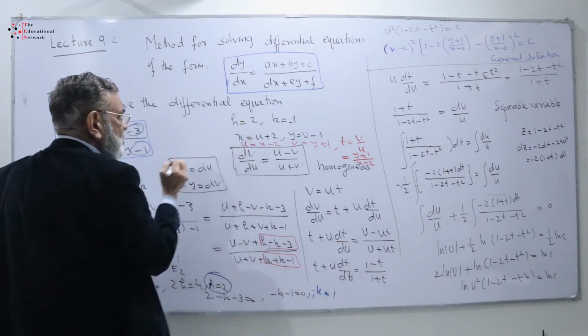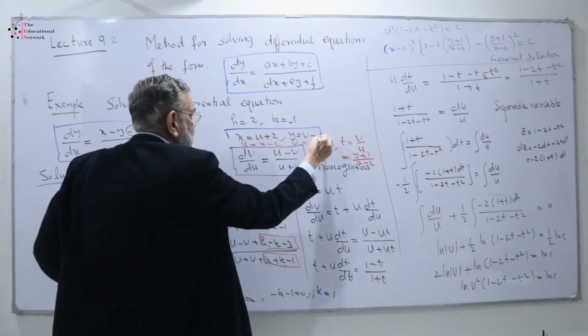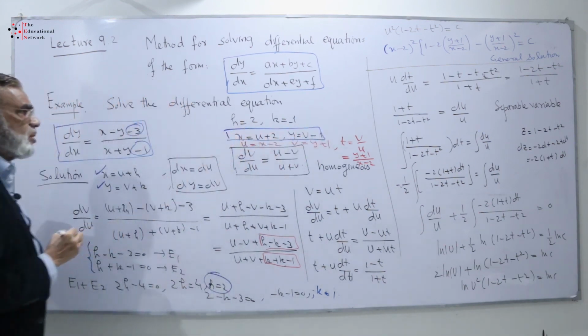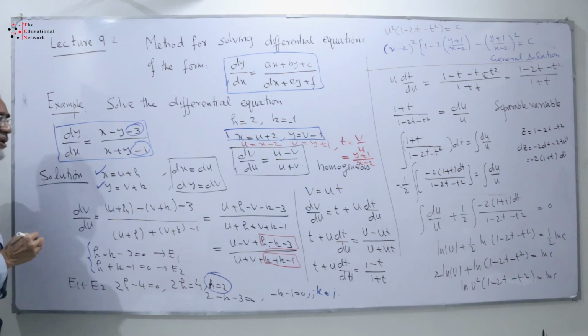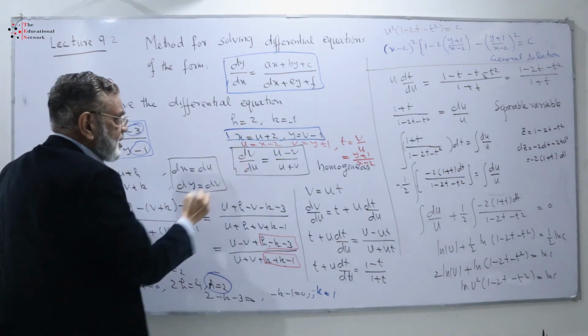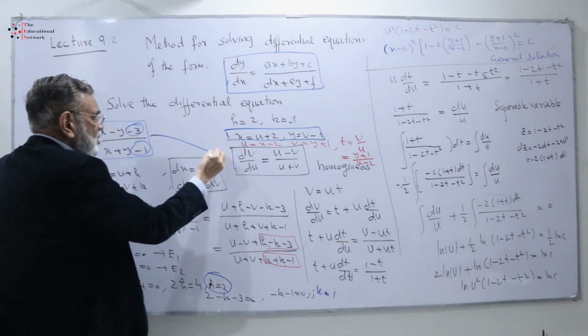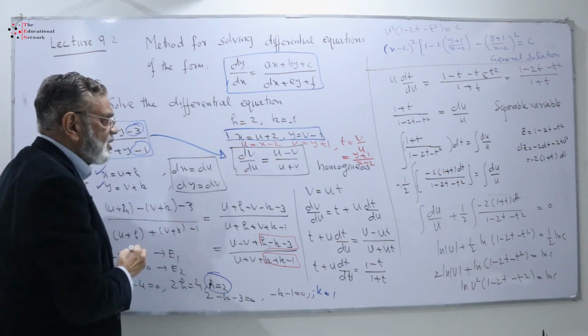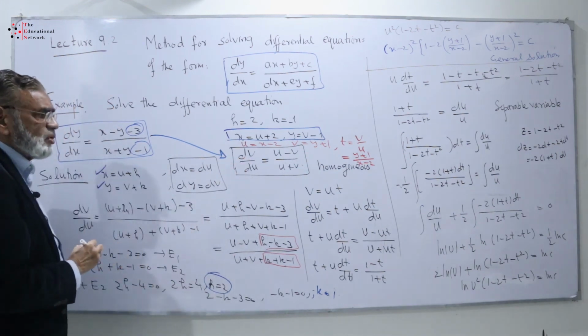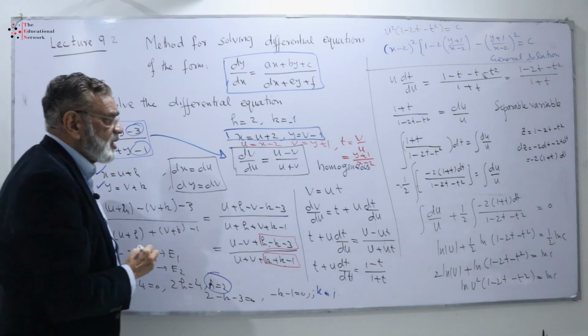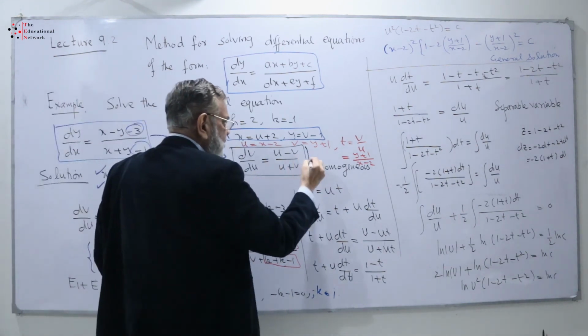So our transformation equation was x is equal to u plus 2 and y is equal to v minus 1. We substitute, and we get this equation. From this equation, we reach dv by du is equal to u minus v over u plus v. This is my homogeneous equation.